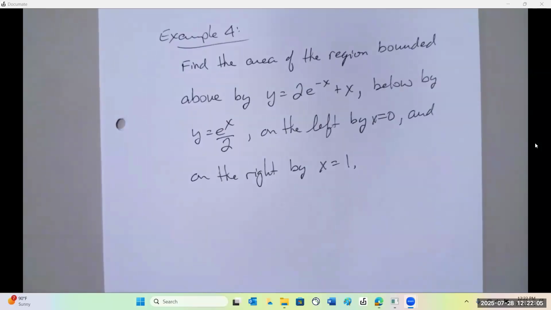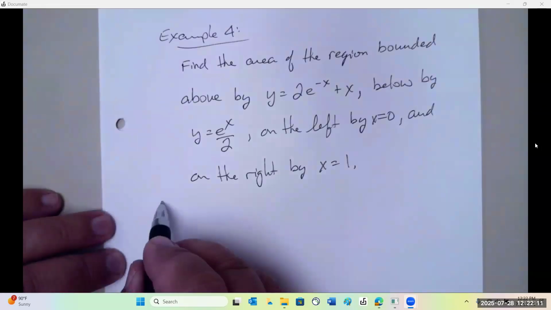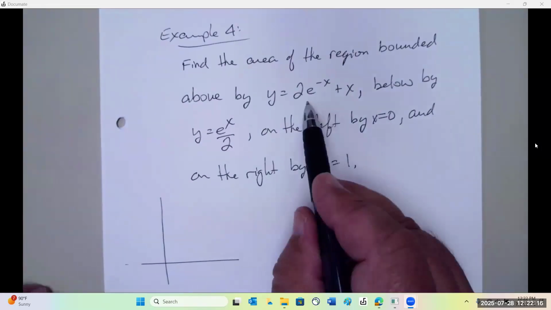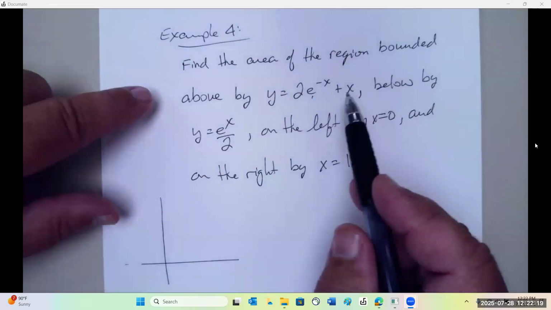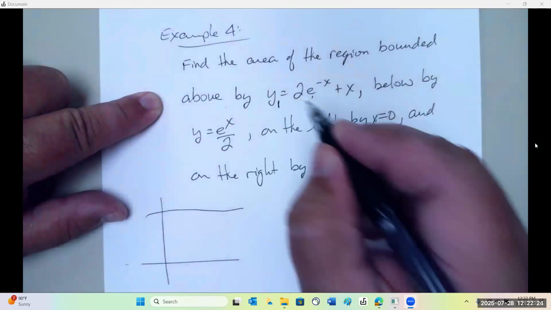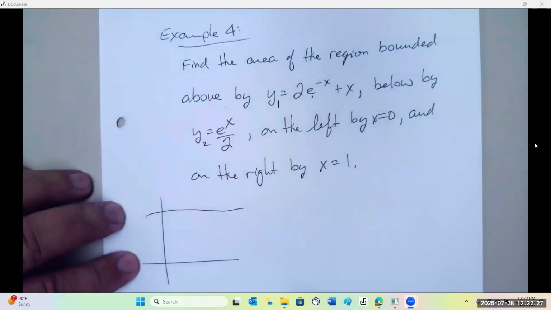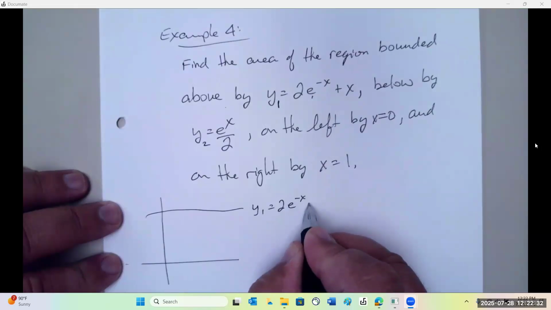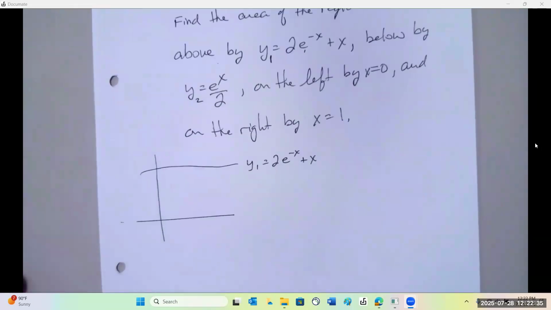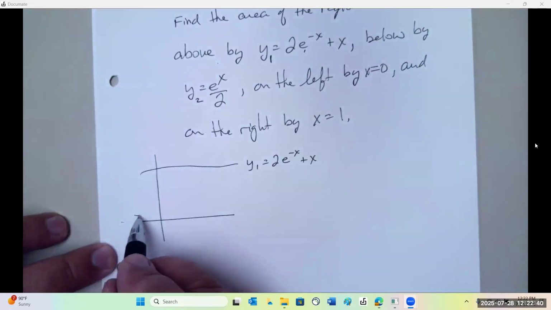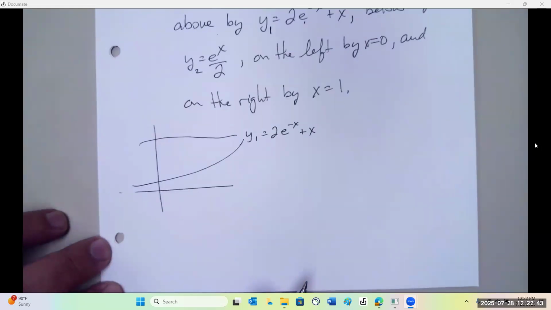Now, that's just a lot of words, but it's telling us this picture. The function has to be above by this. So the higher function I'll call y1, and the second one y2. So y1 is equal to 2e to the negative x plus x. And y2, since e to the x is an increasing function, looks something like this.